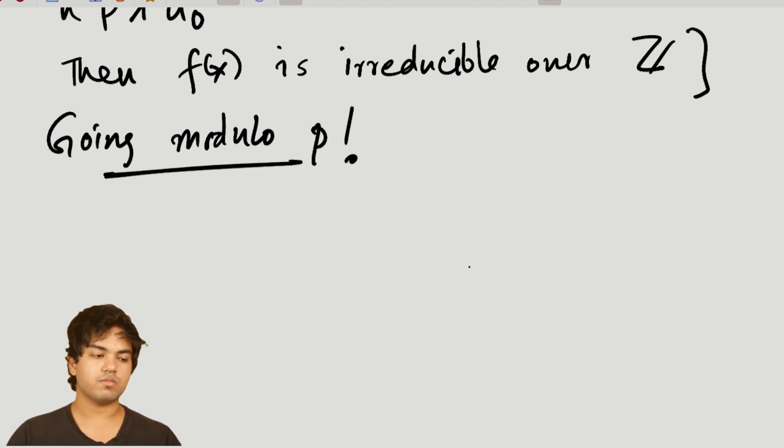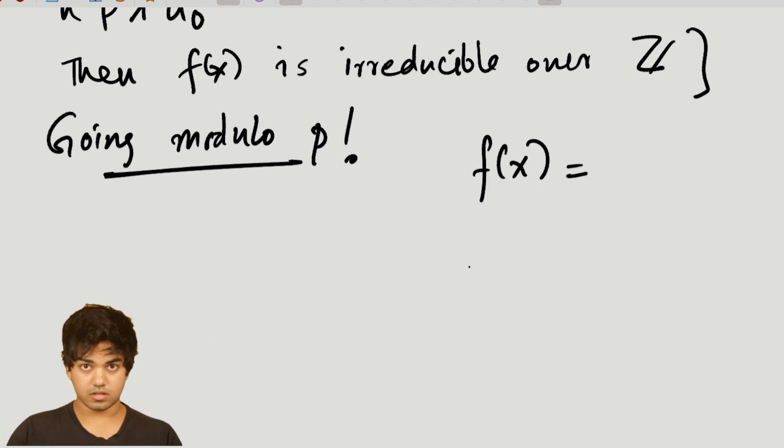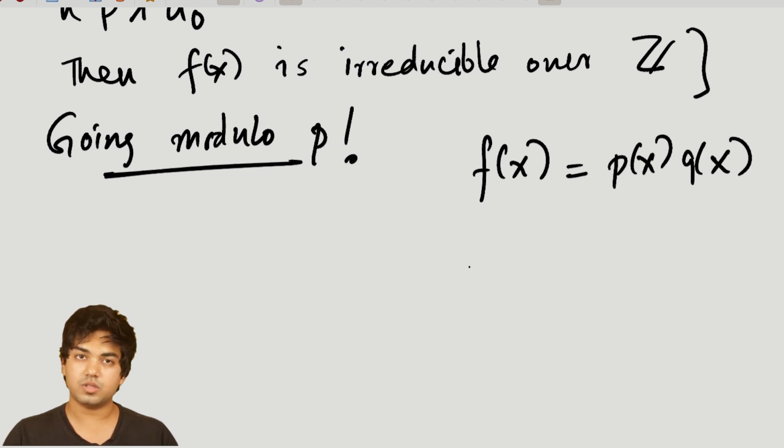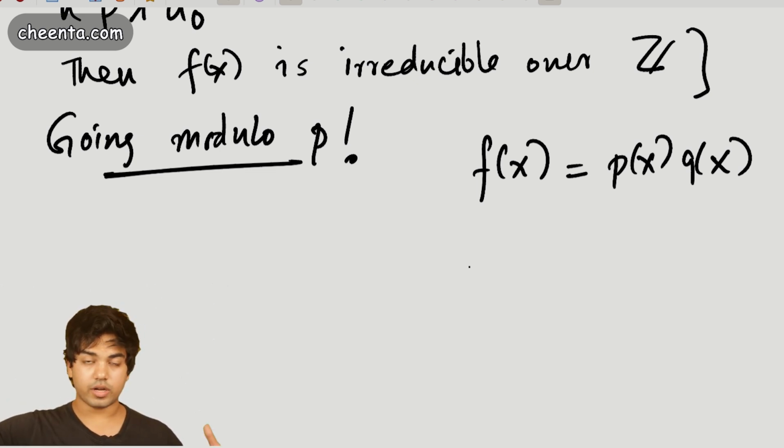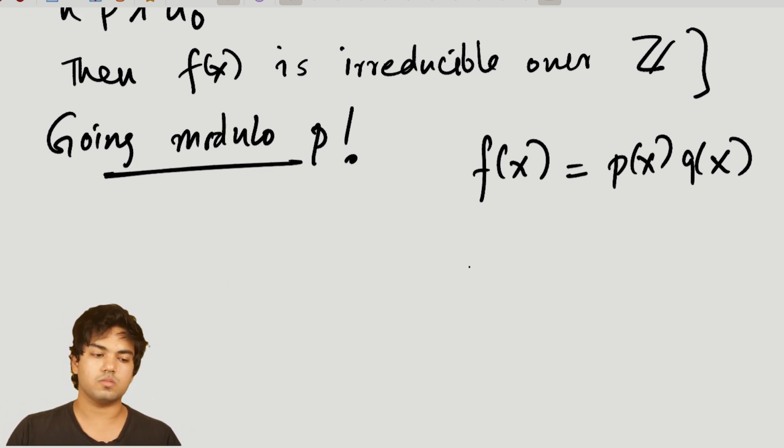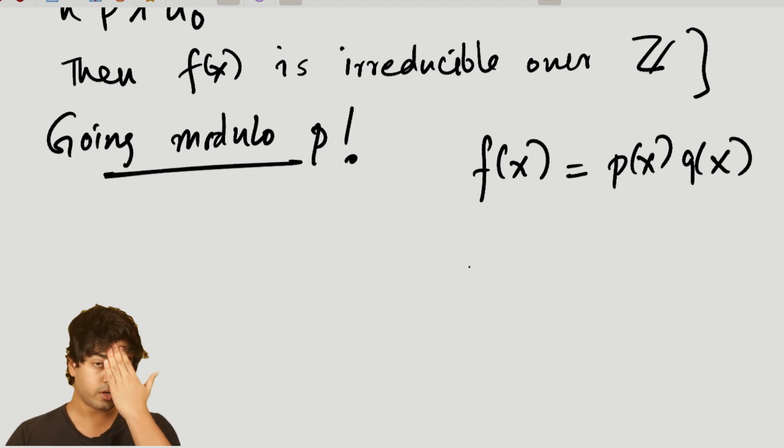So the basic framework that goes into these kinds of things is that if you have some f of x which is reducible, it splits as some non-constant polynomials p(x) times q(x), then you reduce the entire equation modulo p, and all of these are integer polynomials, so all the coefficients involved are integers. What do I mean by going modulo p or reducing a polynomial modulo p?